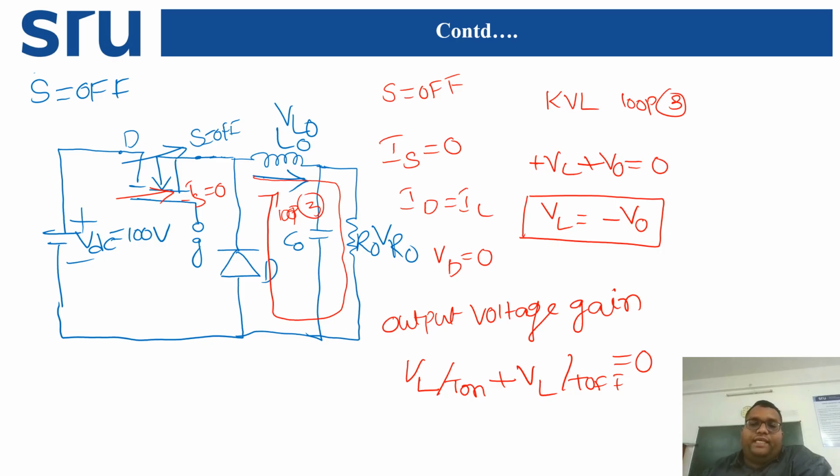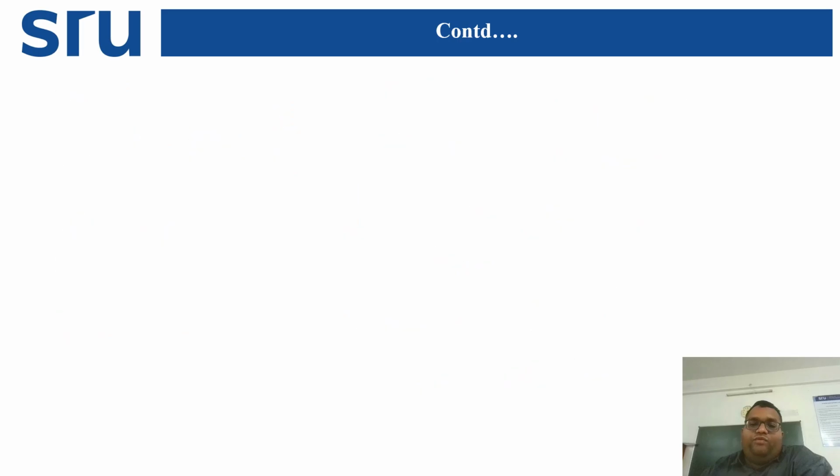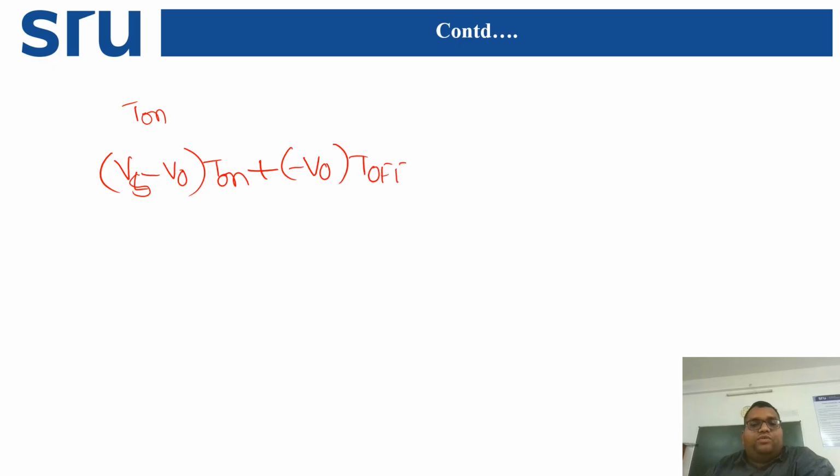Now, foremost, what is VL for the switch on condition, that is T on? VL is nothing but Vs minus V naught. Then that is T on plus minus V naught T off is equal to 0. This is the fundamental formula which we have to observe.